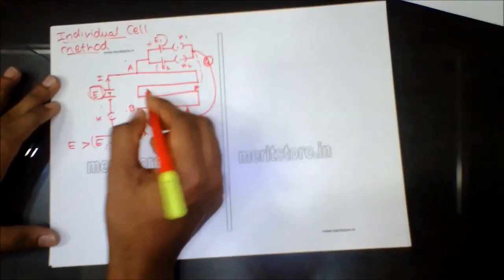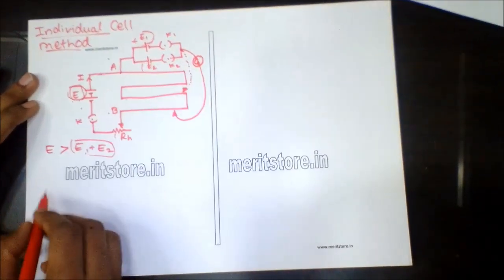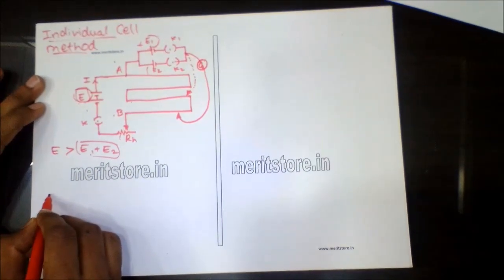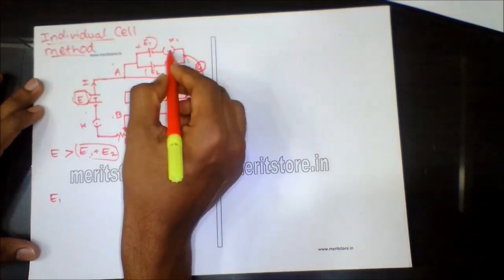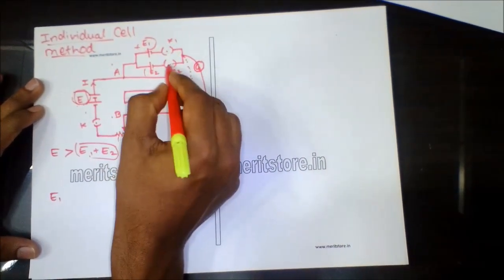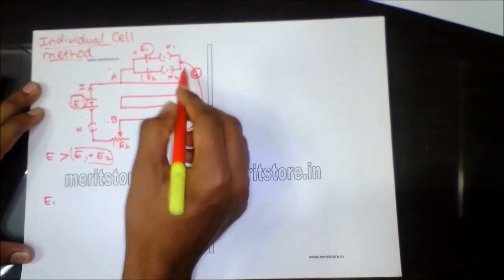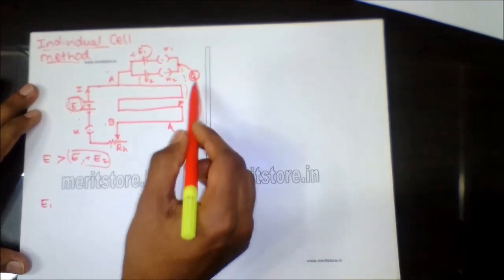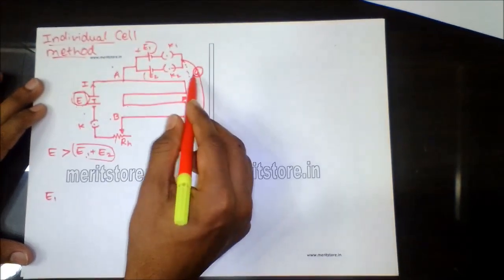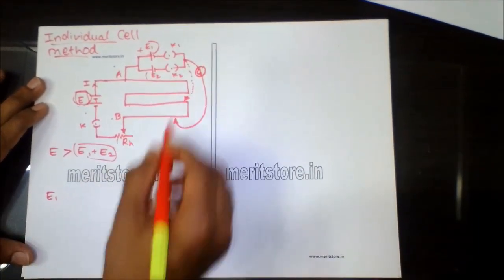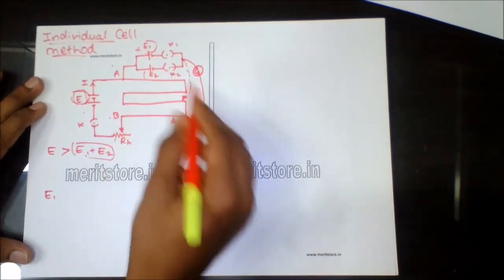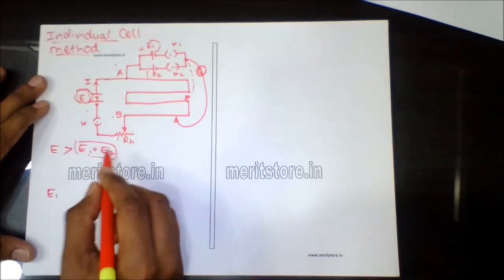So in order for comparison, the key K1 is closed whereas K2 is kept open, and using the standard procedure, the zero deflection point in the galvanometer is found by tapping the jockey at various points on the potentiometer wire.